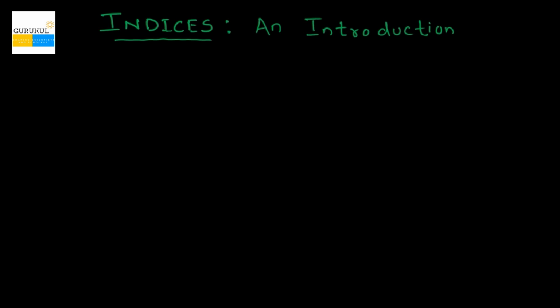Hello everyone. In this video we are going to discuss what indices are. It is the plural of the term index. For example, 2 to the power 3 can be written as 2 times 2 times 2.